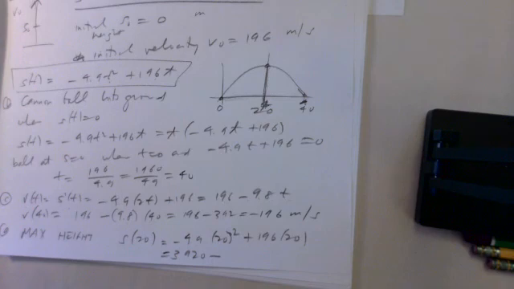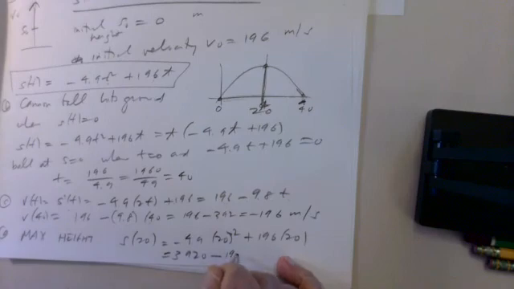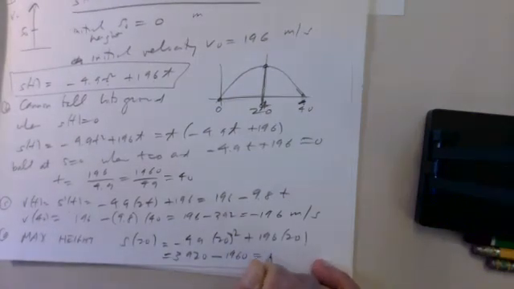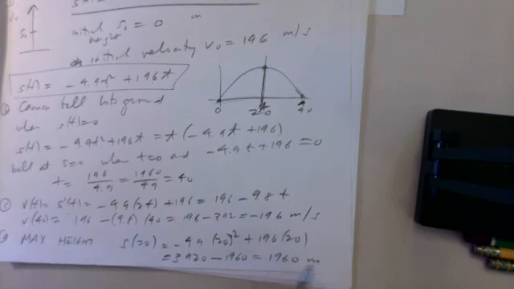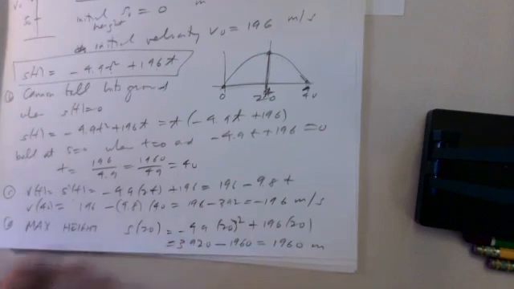So 400 times 4.9 is 1960. So the maximum height is 3920 minus 1960, which is another 1960. So it reaches a maximum height of 1,960 meters.